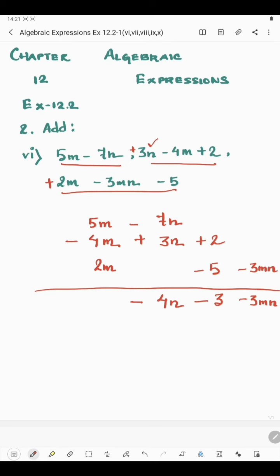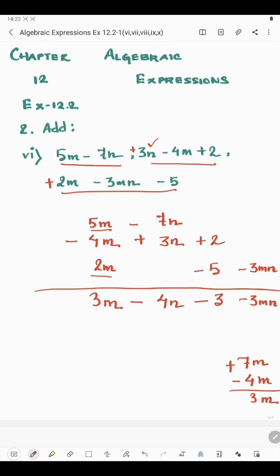Okay, now here we have 3 terms, and here 5m and 2m have similar signs, so we'll add these 2 at first. So 5 plus 2 is 7m. Now 4m should be subtracted from 7m, so 7 minus 4 is 3m, and since 7 has a plus sign and 4 has a negative sign, 7 is greater than 4, so the sign of 7 is positive, so it will be positive.